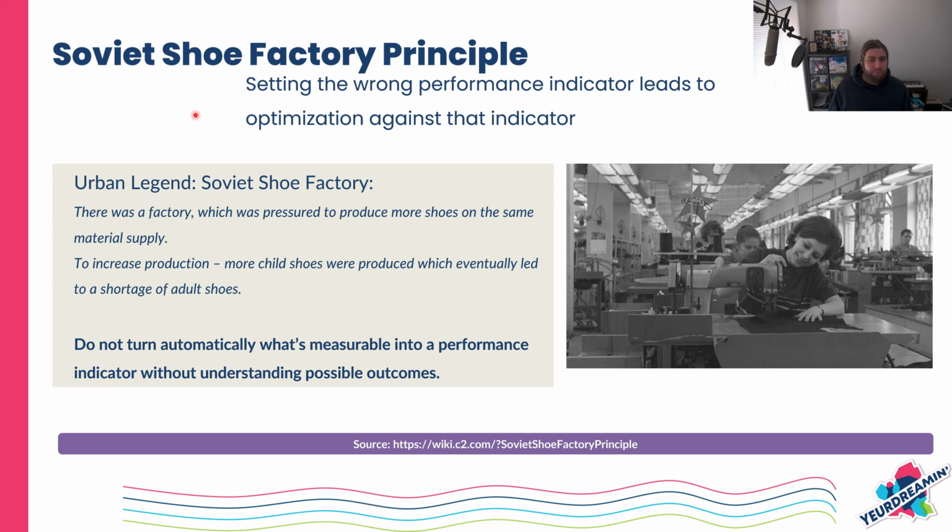They have one KPI, number of shoes produced, but the material supply was basically either the same as yesterday or even less than that. What can you do to increase production? Make smaller shoes, make child shoes, make shorter versions of them. Use less material in your shoes.